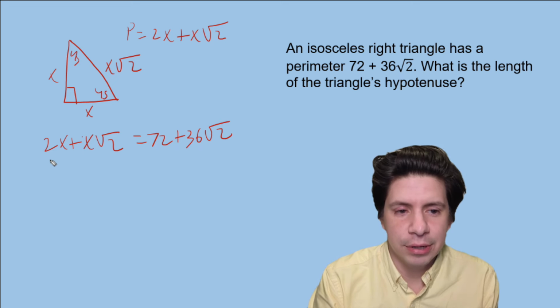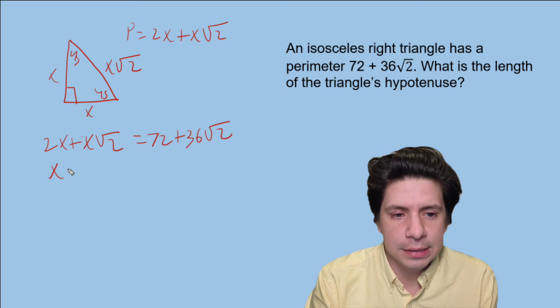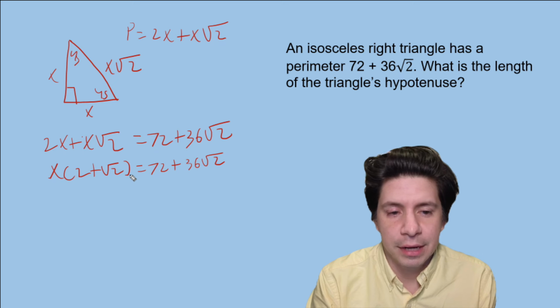And then we can factor out an x. And we're going to get x times (2 plus root 2) equals 72 plus 36 root 2. And then we're going to divide by 2 plus root 2.